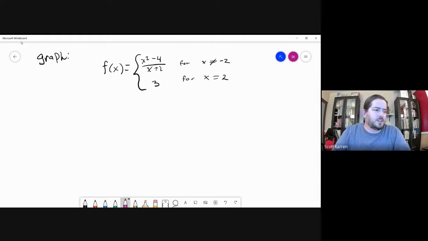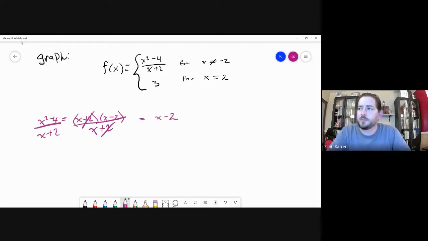I can do a little bit of simplification here, because x squared minus 4 is equal to x plus 2 multiplied by x minus 2 if I factor that out. And if this is over x plus 2, then in fact that simplifies down to just a straight line, right? So it looks a little bit hairy, but it simplifies down to x minus 2.